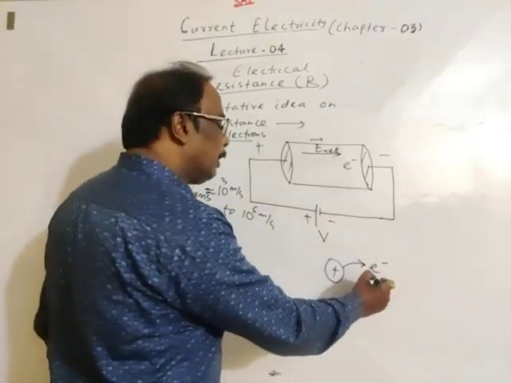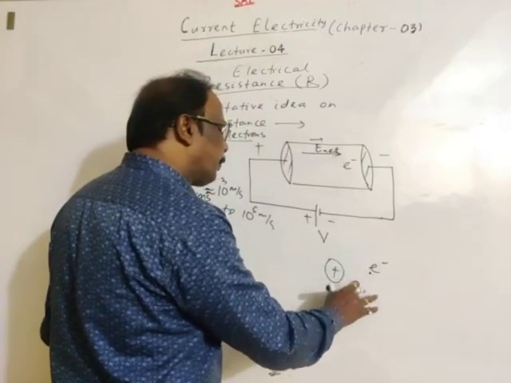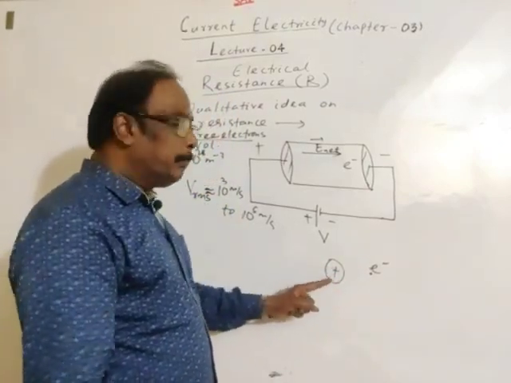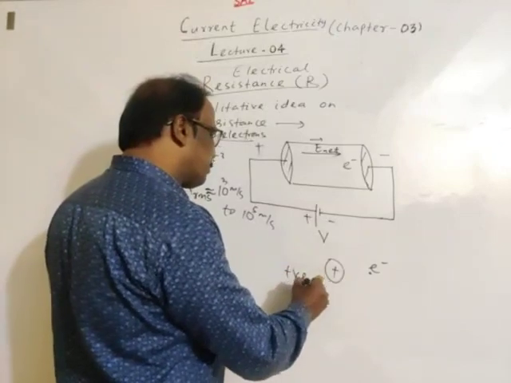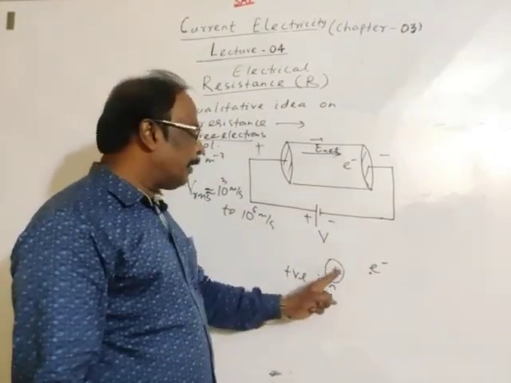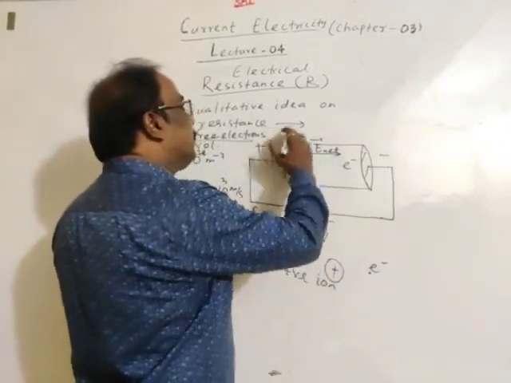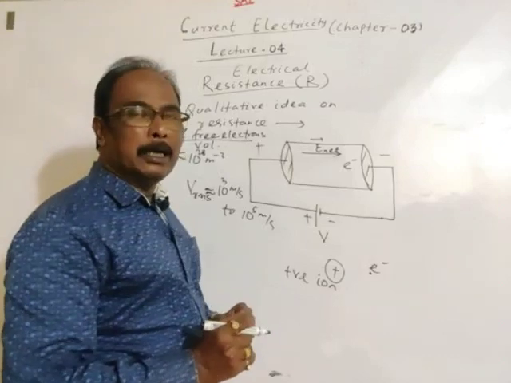These electrons are called free electrons, and when an electron escapes, the atom becomes a positively charged ion because it loses an electron. So the number density of free electrons in a conductor is very high.